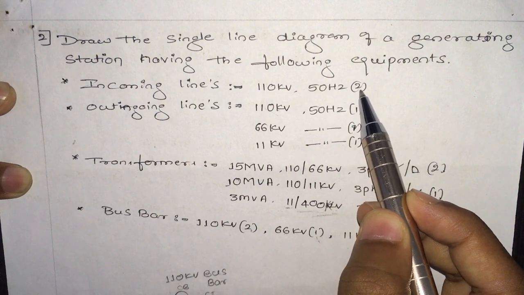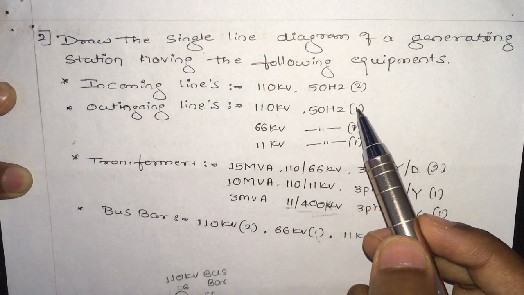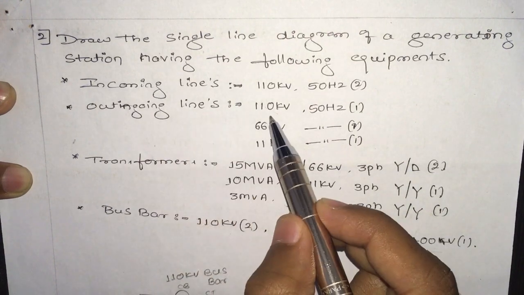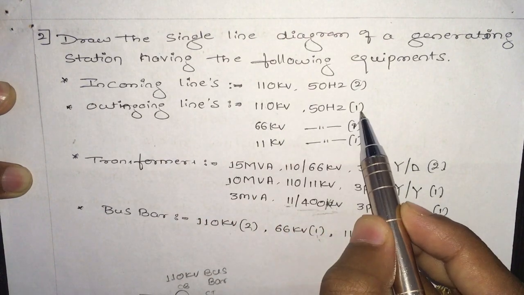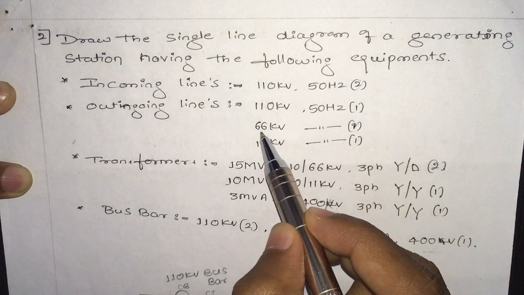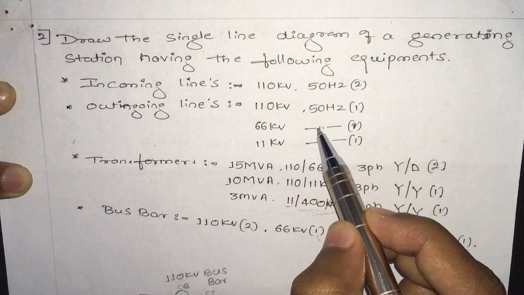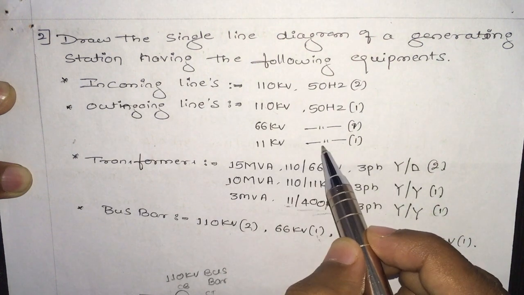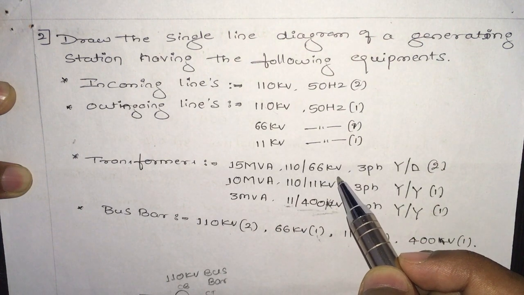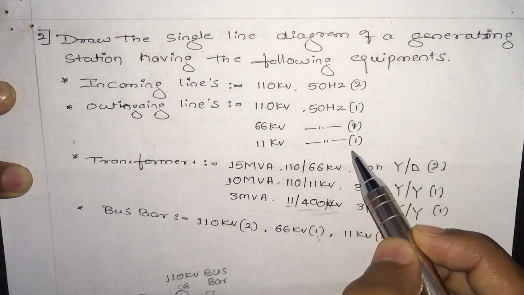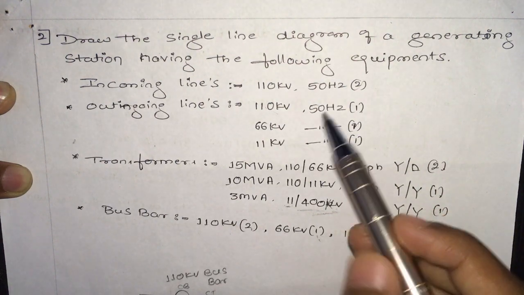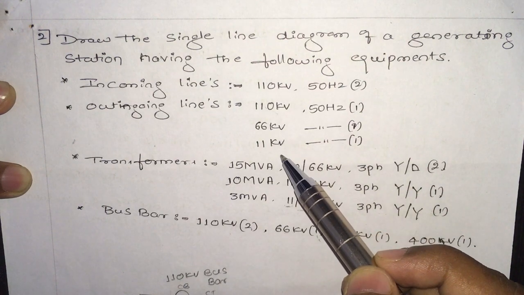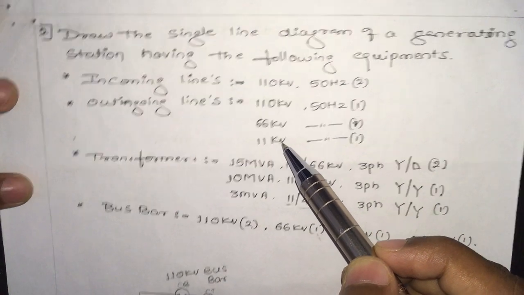Then outgoing lines: 110 kV 50 hertz, one outgoing line; 66 kV 50 hertz, one outgoing line; 11 kV 50 hertz, one outgoing line. Which means we are having three outgoing lines. One is 110 kV, another is 66 kV, and one more is 11 kV.